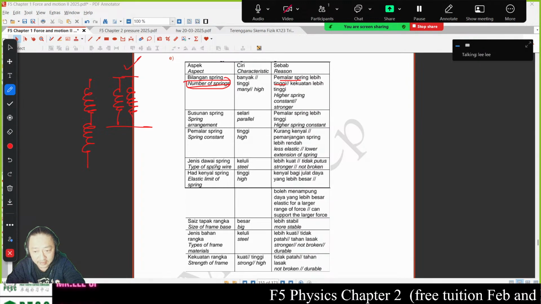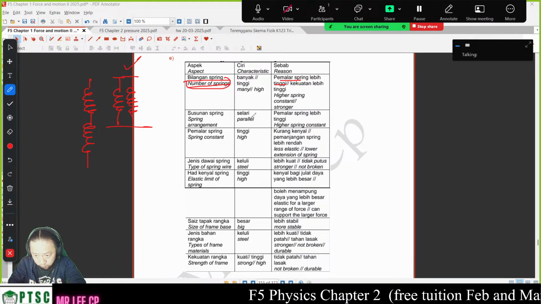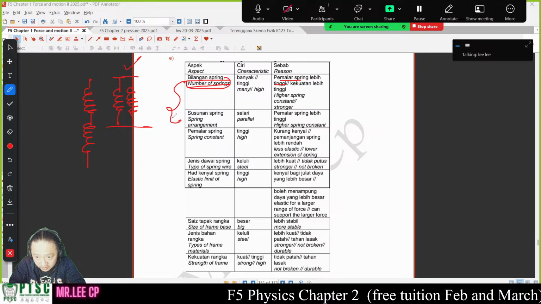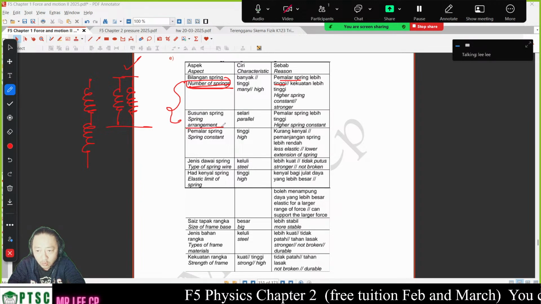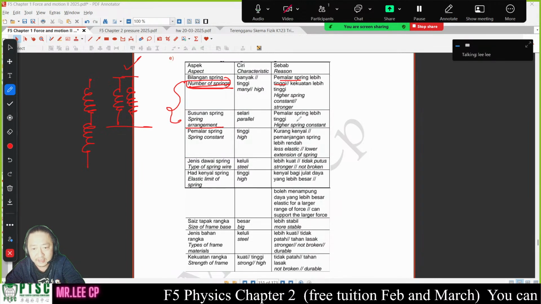So they said these two, right? So these two, I want you to put together. More number of string arranged in parallel, so higher string constant.